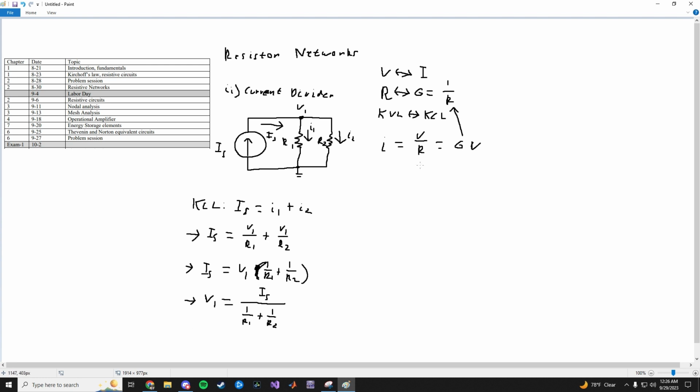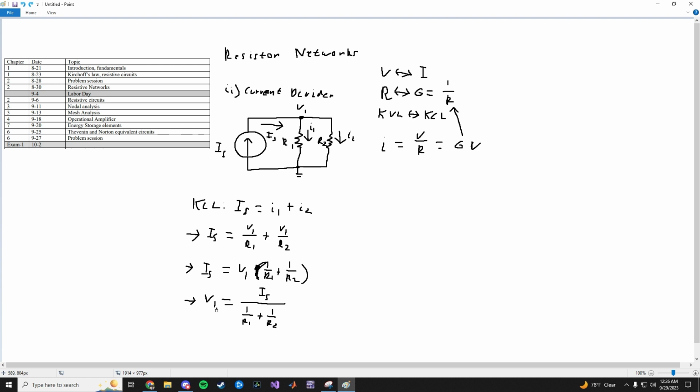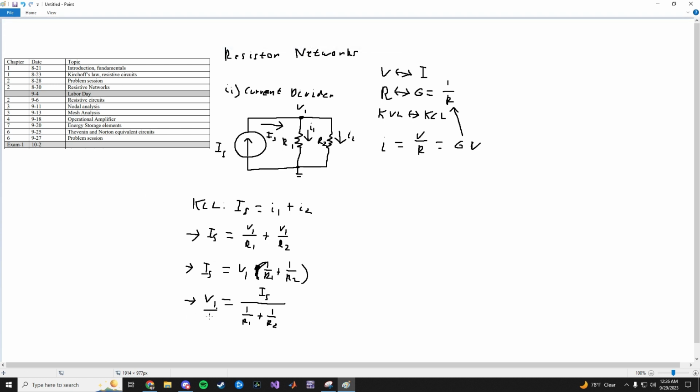Now, remember, I equals V divided by R. If you take this V1 and divide it by either R1 or R2, then you get the current in that branch. So let's test it out. Let's take this V1 and just divide it by R1. V1 over R1 equals, so you have to divide R1 on both sides. Remember, this is Ohm's law, V1 divided by R1.